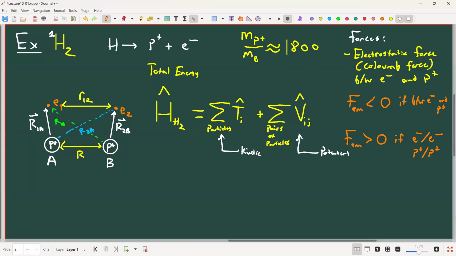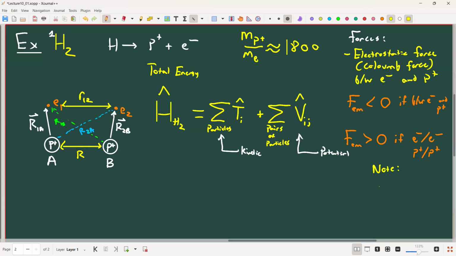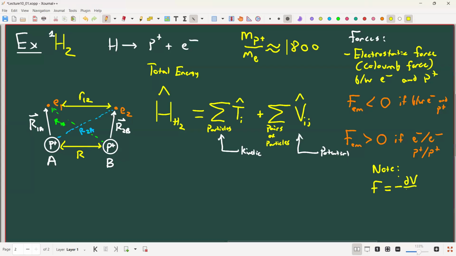Now here's a nice formula you might have learned in physics 1 and then proceeded to forget. How do you get from forces to potential? Just a derivative. This is from Newton's second law. Let me just make a note here on the side that the force is equal to minus the derivative of the potential with respect to position.